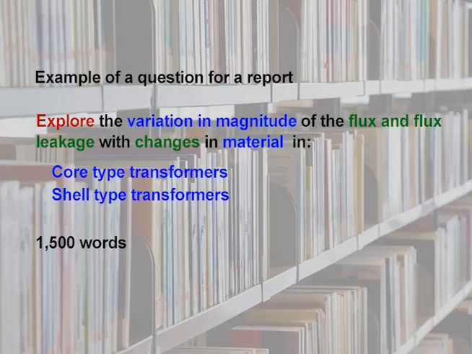You will note again that the task word is in red, which is explore. The content words are in blue, which is variation in magnitude, material, core type transformers, shell type transformers. You will also notice that the terms flux and flux leakage changes are in green.